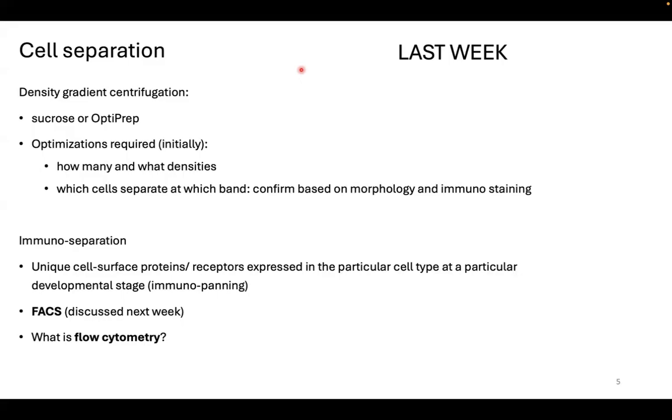When you want to separate those cells out, if the different types of cells have different densities, then, and again it's going to be a very simple drawing, suppose this is a tube that you take, generally conical from the bottom. Suppose you have different layers with different densities, D1, D2, D3, like that.